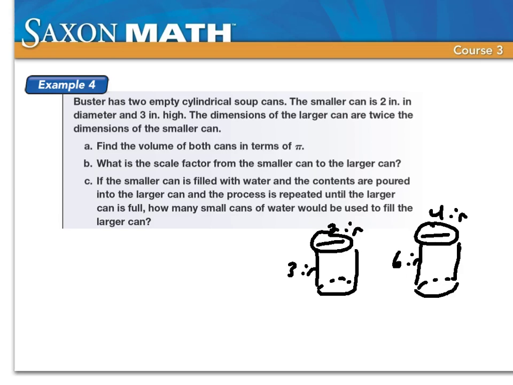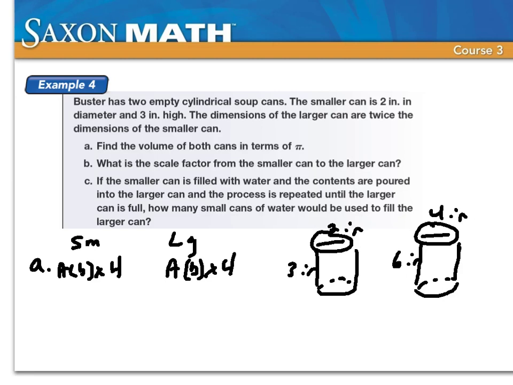We want to find first the volume of both cans, the small can and the large can. Again, it's the area of the base times the height, and for the large can we do the same thing to figure out their volumes.